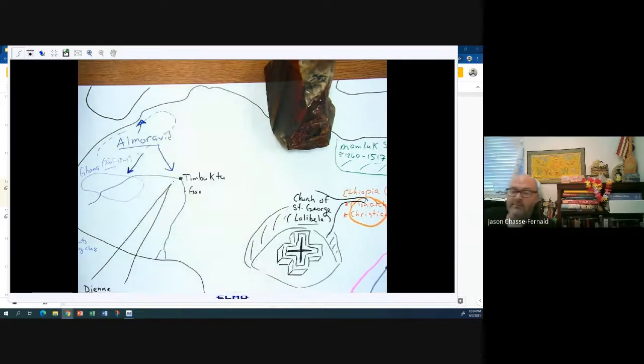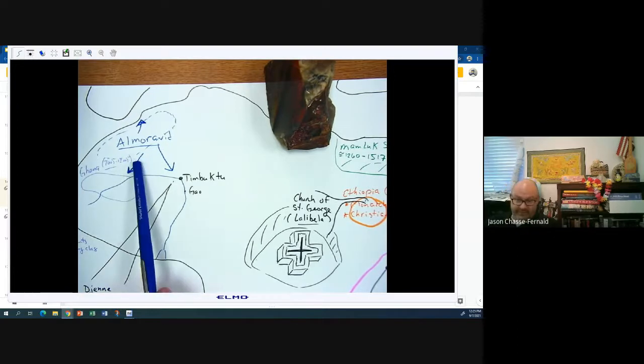You may have heard of the Almoravids because by 1200, Al-Andalus is largely a thing of the past. The Umayyad dynasty is gone, and you may have heard of the Moors, Islamic Spain being controlled by the Moors. That's the Almoravids.